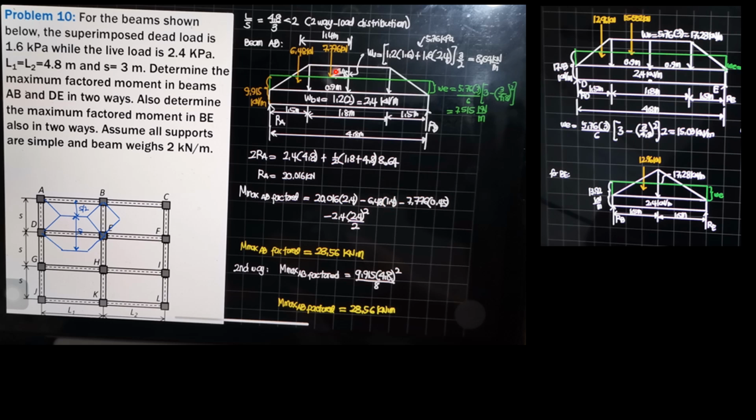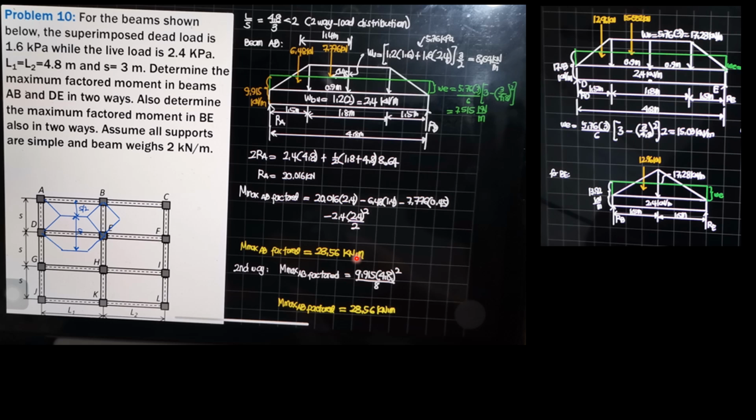Then this rectangular area is 0.9 meter by 8.64, 7.796 kilonewtons. Then the moment arm is half of 0.9, 0.45 meter. Then minus the moment of this uniform load up to the center, 2.4 kilonewtons per meter times 2.4, moment arm half of 2.4, so it's the same as 2.4 times 2.4 squared over 2. So the maximum factored moment in AB is 28.56 kilonewton meters.